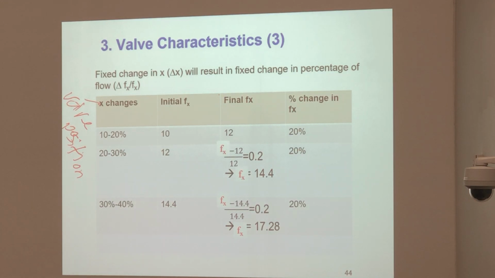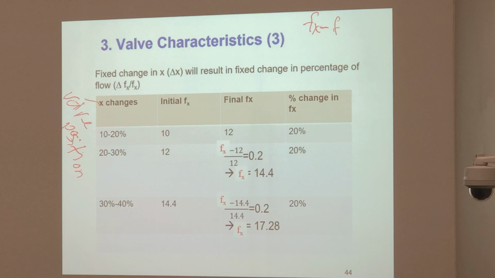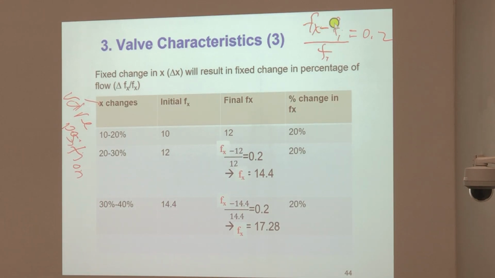Always use this formula: fx final minus fx initial, divided by fx initial, equal to 20%. Let's say I want to know the final: final minus 10 divided by 10 equals 0.2. If you put 10 here, you should get fx equal to 12.